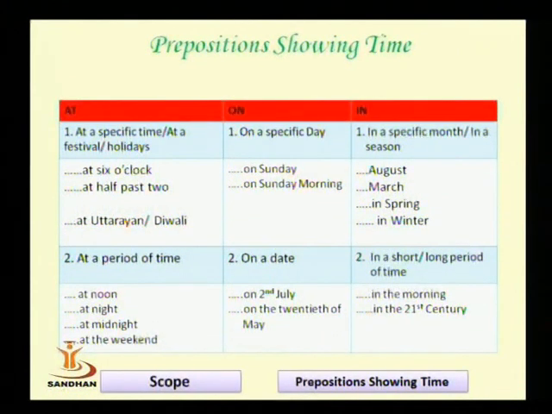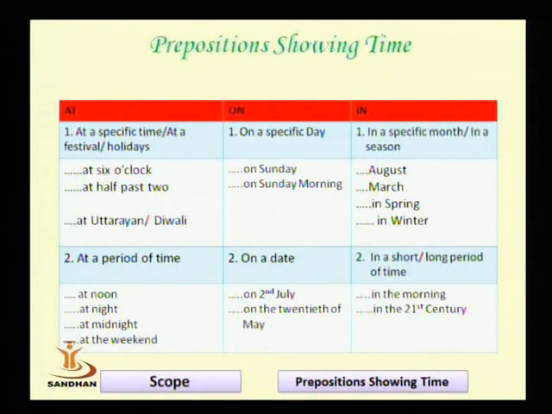Now let's have a look at this chart. This is one type of conclusion, so you can summarize what you have learned. The first row shows the usage of at and some examples. In the second row, you find the usage of on and its examples. Similarly, the last is in.